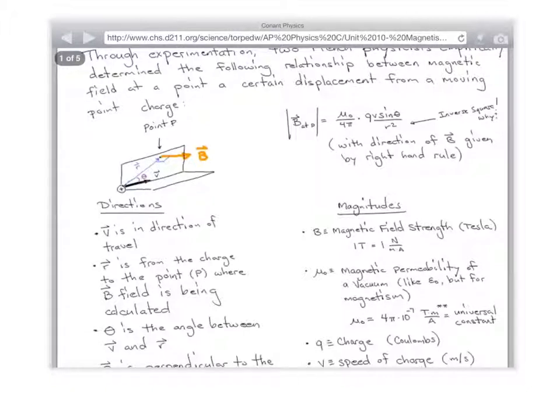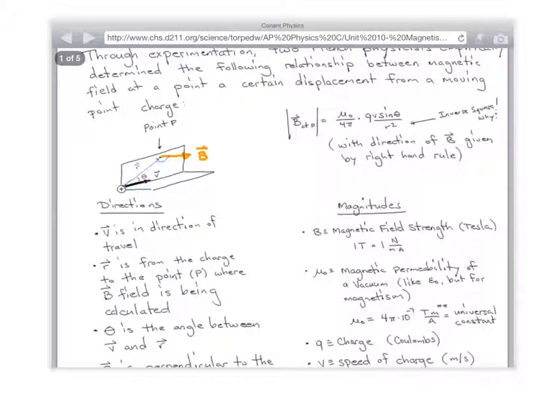When they measured mu naught, they found it to be really close to 4 pi. And so guess what they called mu naught? 4 pi. 4 pi times 10 to the negative 7th, but still 4 pi. So when you use the Biot-Savart law, what happens to the 4 pi? It just cancels.